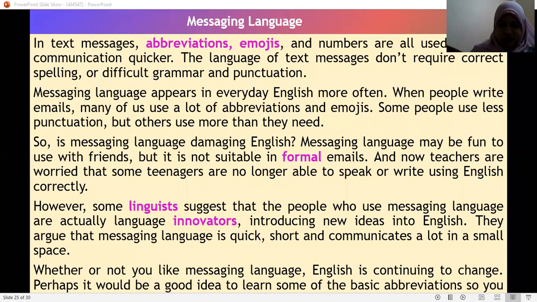Are you for or against messaging language?